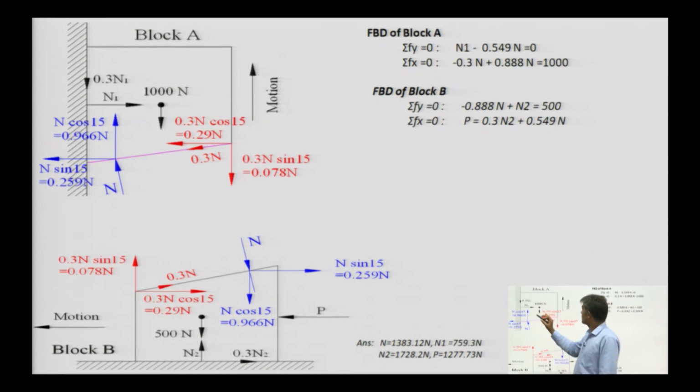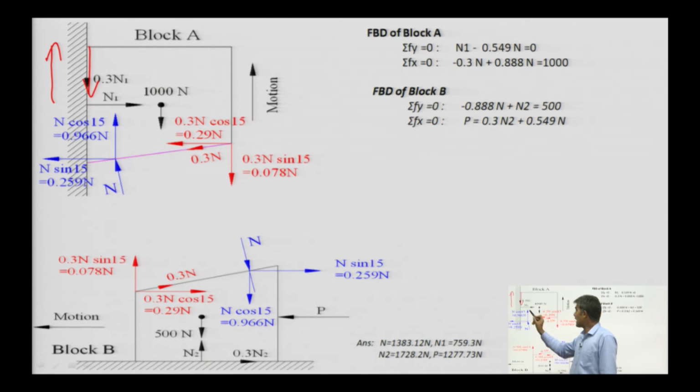What are the forces in block A? First, the weight of the block perpendicular downward, and friction force. Since this block is moving in this direction at the impending condition, the friction force will act in the downward direction, and the value will be 0.3 into N1.